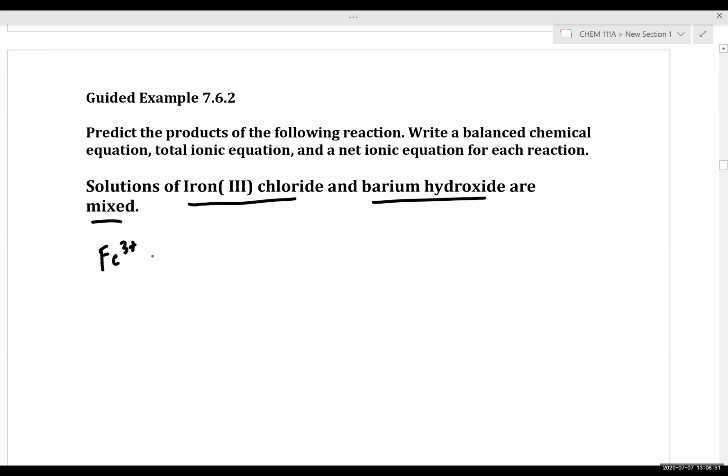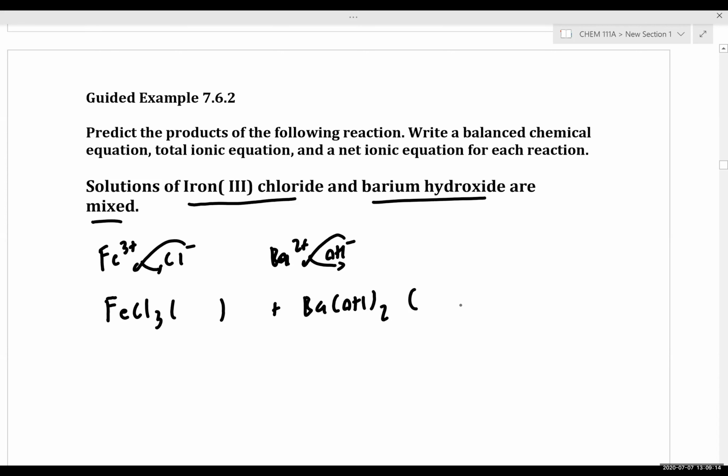Iron 3 chloride, so we have iron 3+ and Cl-. We cross our charges, and that in turn gives us FeCl3. Barium hydroxide, we have barium 2+ and OH-. We cross our charges, and that gives us Ba(OH)2.